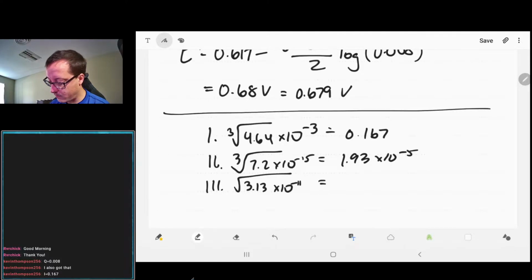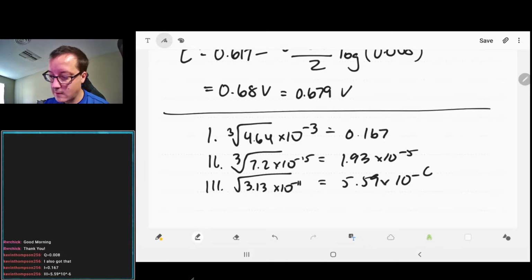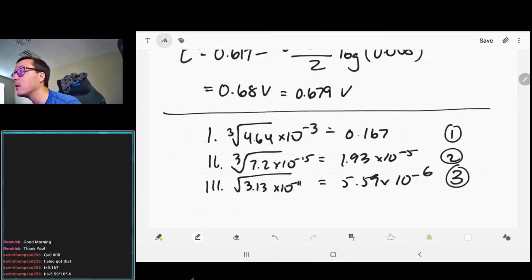And then 3.13 e negative 11, to square root it, we get 5.59 times 10 to the negative 6. And so this will be most, second, and least soluble. Oh, I'm glad you already did the stuff, and here I am buzzing out of my calculator. And so they're in order already, so that is our answer. So that was the only tricky bit there, the cube root versus the square root for Ksp.